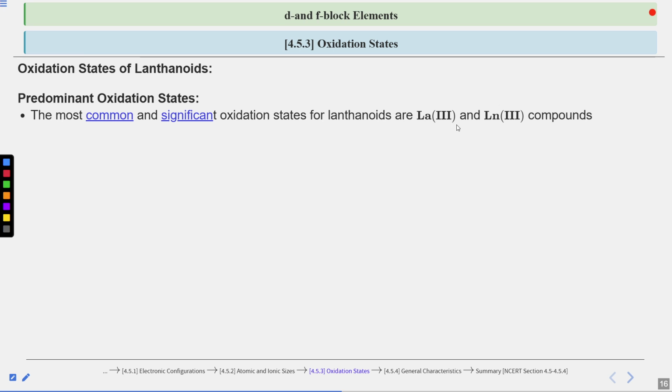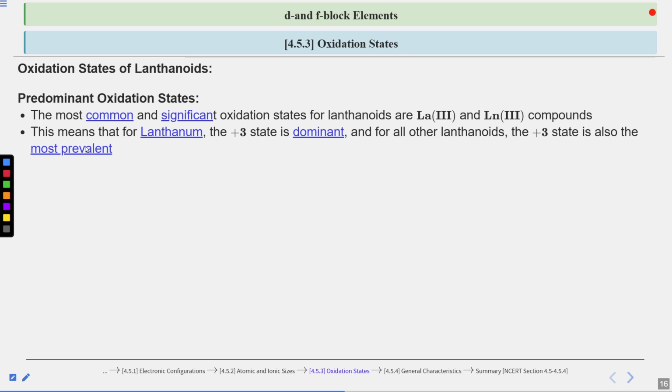So lanthanum exists in plus 3 and Ln, that is lanthanoids, exist in plus 3 compounds, which is the most common and significant oxidation state found in lanthanoids. So what does that mean? It means that for lanthanum, the plus 3 oxidation state is dominant, and for all the other lanthanoids, the plus 3 state is also most prevalent.